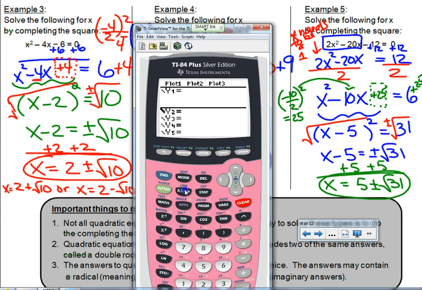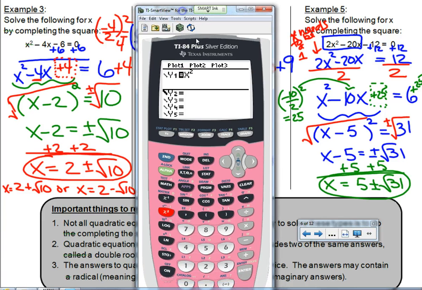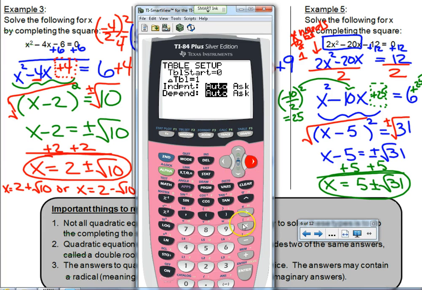Let me start over. x squared, 2x squared, put a 0 in the bottom. I could do this by the graphing technique and get my points of intersection, but please note, I would then have to convert my two answers to decimal so I could actually compare that. Or I could go to my table settings and change my table to ask.